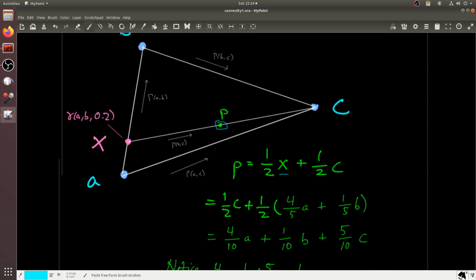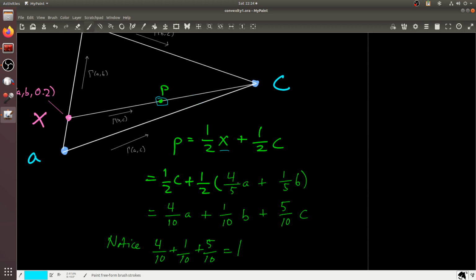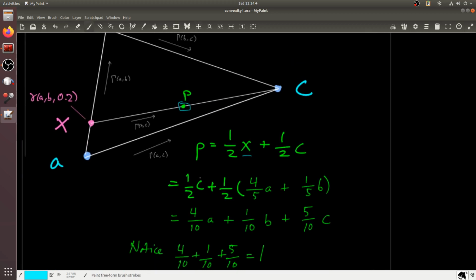Then P is half of X plus half of C. You plug in the expression for X, you get 4/5 A plus 1/5 B, and after some simplification, P corresponds to 4/10 A plus 1/10 B plus 5/10 C.